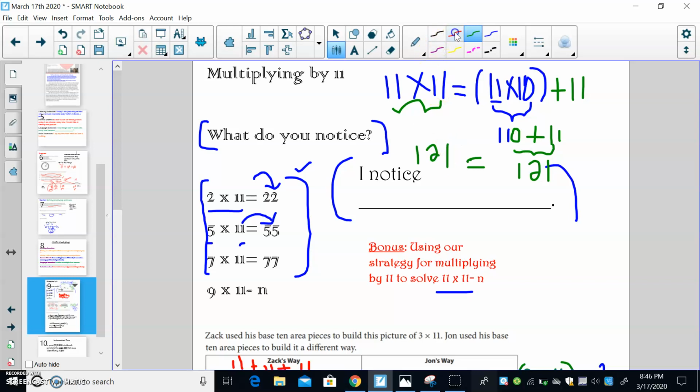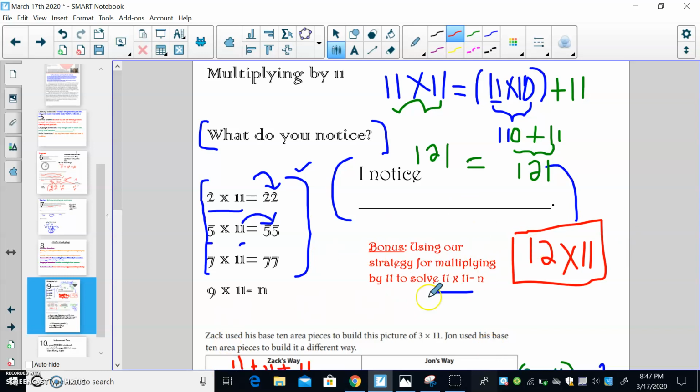As a bonus, I want you to try that with 12 times 11. If you can, add in the comment section the answer that you got to 12 times 11, and I can respond to you guys tomorrow.